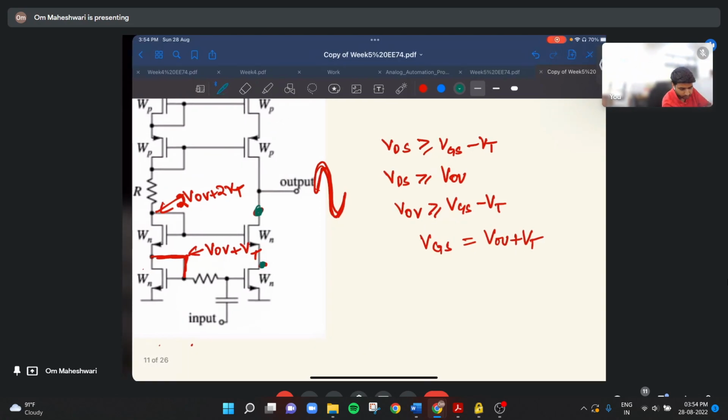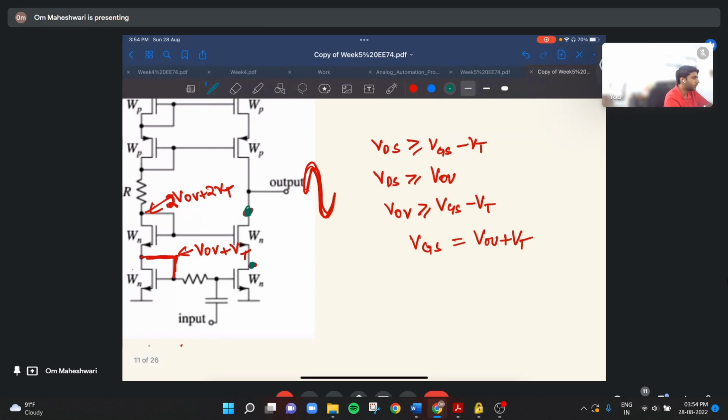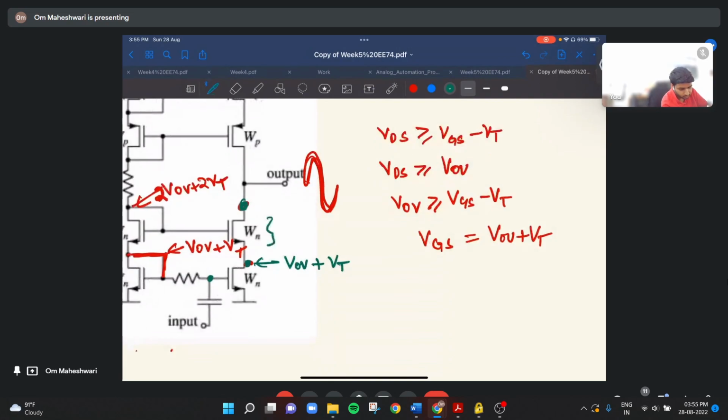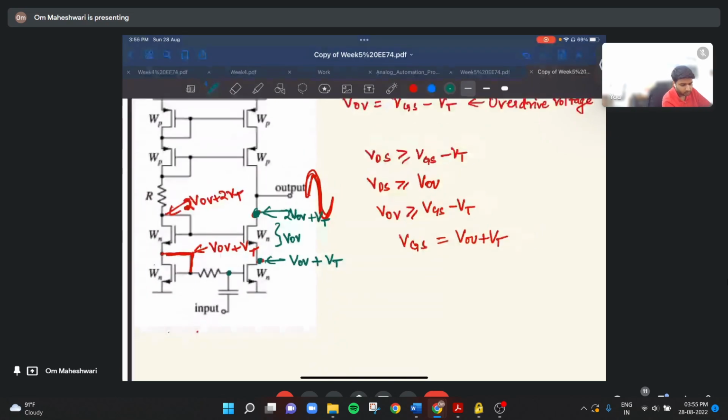If the voltage here is VOV plus VT, then to keep this transistor in saturation, we can keep this voltage as VOV plus VT only. There will be another VOV drop across this, so this voltage will be 2VOV plus VT. Sir, is this the minimum value?